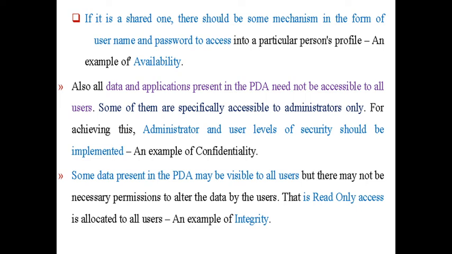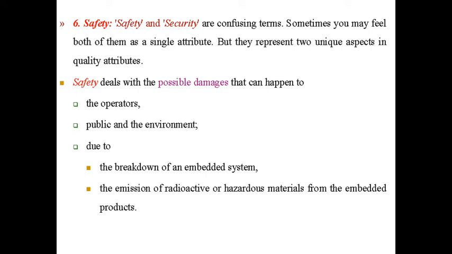Some of them are specifically accessible to the administrators only. So administrator and user level of security should be distinguished here. This is an example of confidentiality. Some data represented in the PDA may be visible to all users, but there will be some restrictions. There is no permission to alter the data by the user. So here no modification will be done. This is an example of integrity.